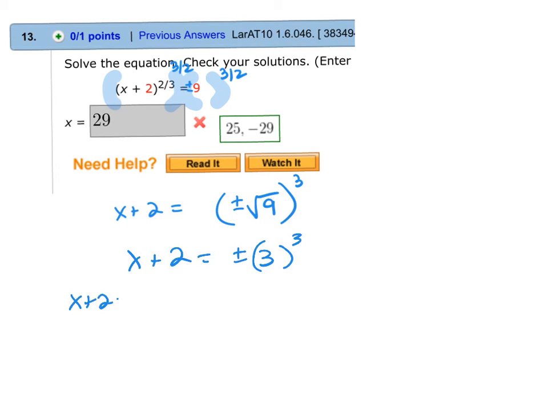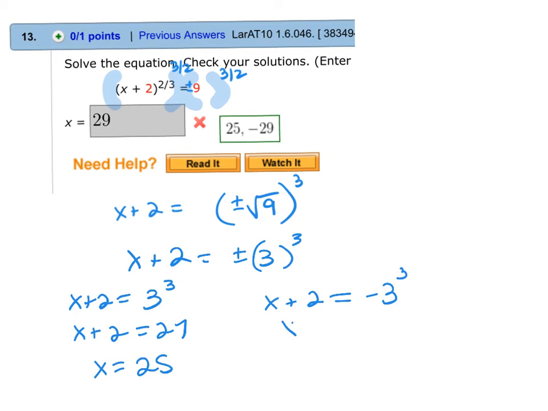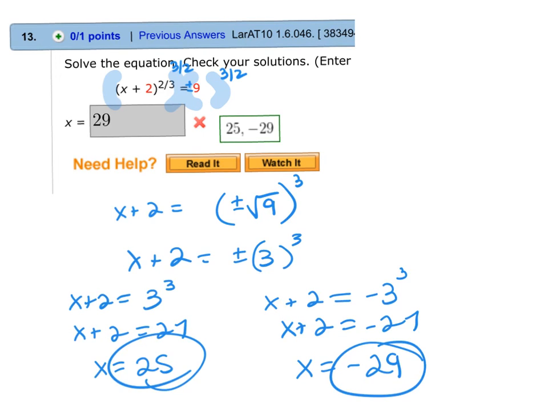So x plus 2 equals positive 3 to the 3rd, and x plus 2 equals -3 to the 3rd. x plus 2 equals 27, x equals 25. x plus 2 equals -27, x equals -29. There's my solutions.